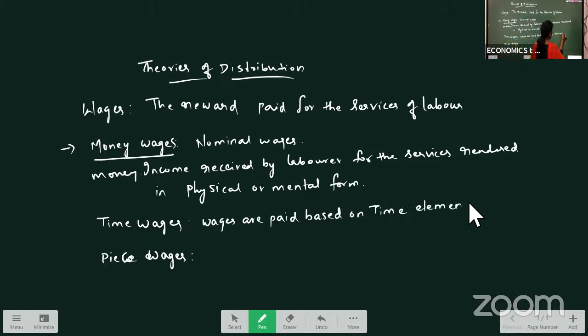Based on time means when a person is working in any organization, he receives the income based on time. Here we can say daily wages, weekly wages or monthly wages. These are called time wages. So what are time wages? Wages which are paid based on the time element.